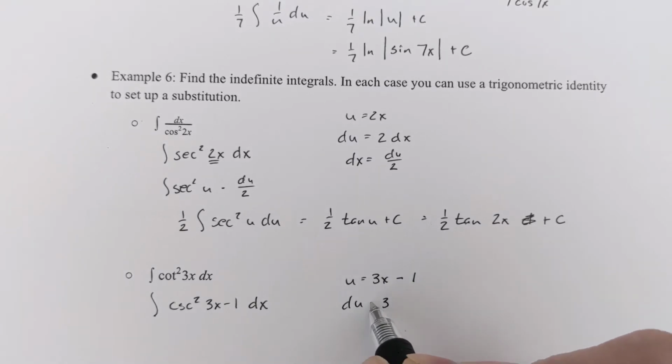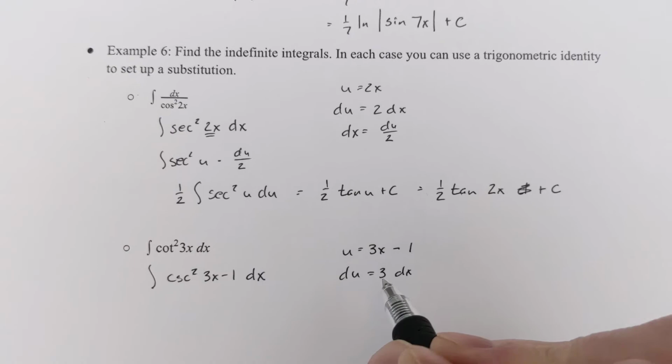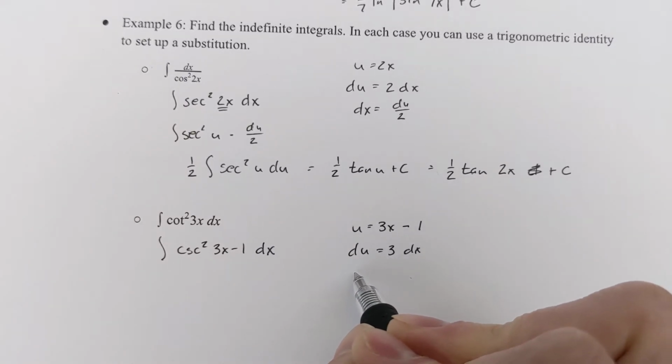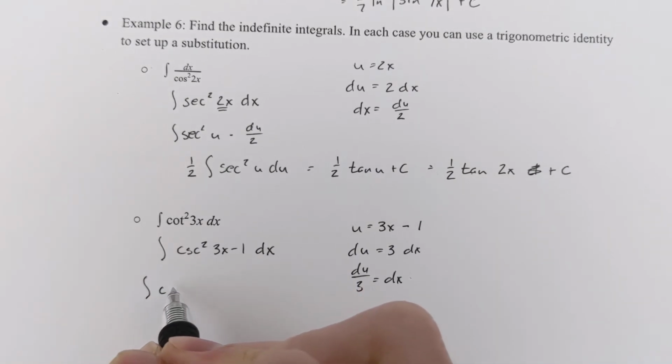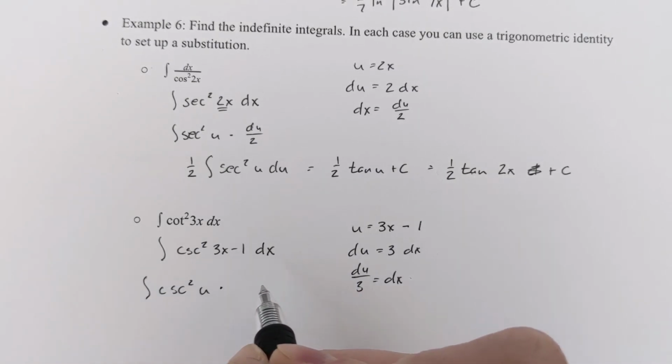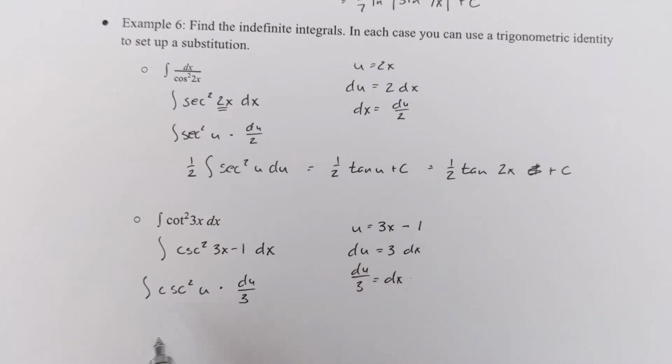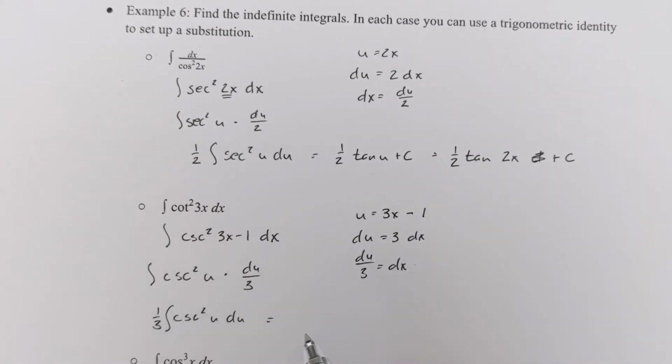So du equals 3 dx. So let's see here, du over 3 is equal to dx. So do your substitution, cosecant squared of u times du over 3. So that's 1/3 cosecant squared u du. So the antiderivative of the cosecant squared is the negative cotangent.